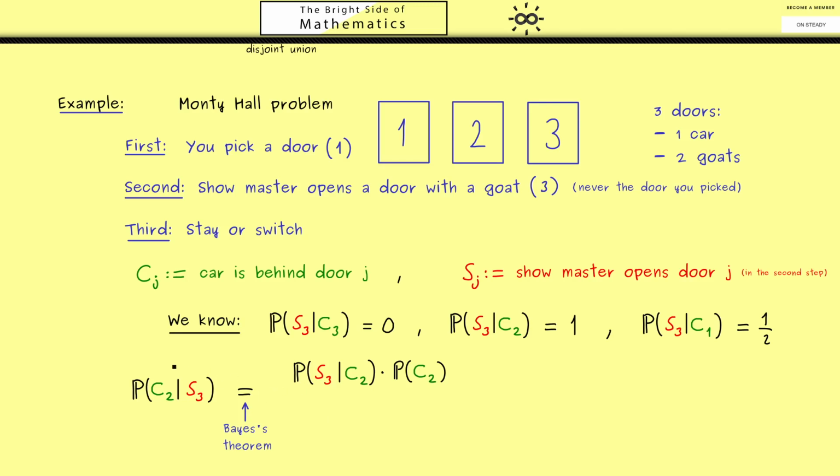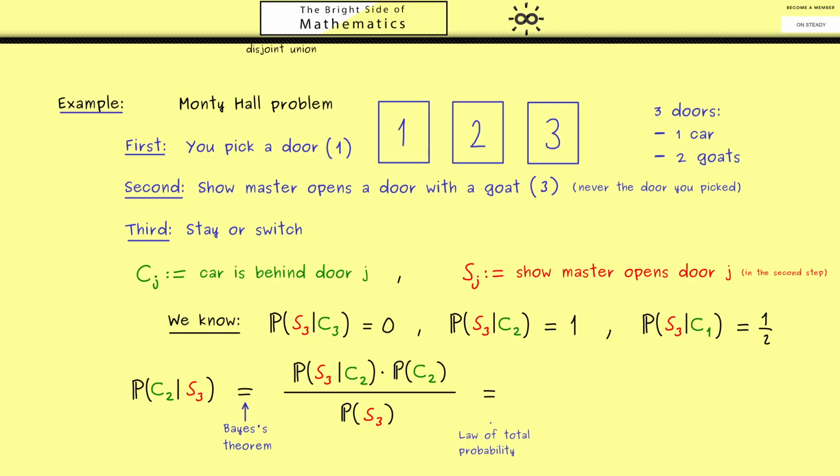However, we don't have it on the left hand side, therefore we have to divide here by the probability of S3. Therefore, often you see Bayes' theorem in this formulation. Okay, now here on the right hand side we have a problem, because we don't know what P of S3 is. However, we have all the conditional probabilities here, therefore we can use the law of total probability.